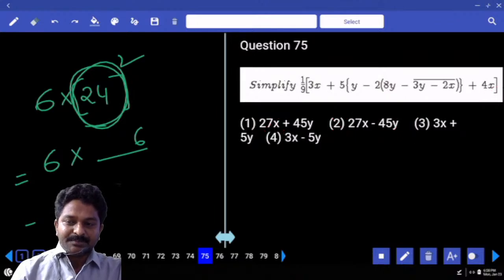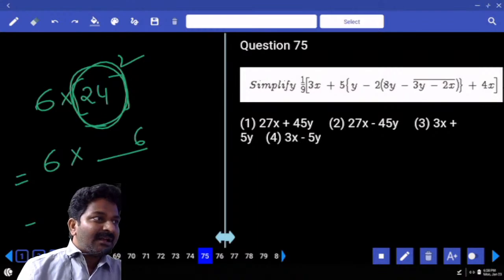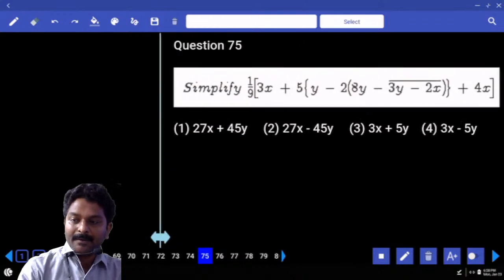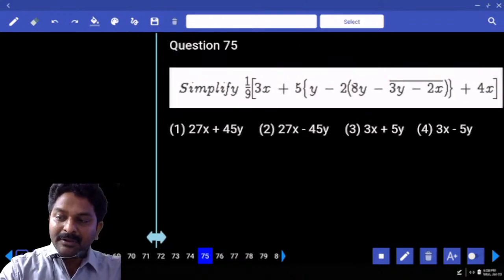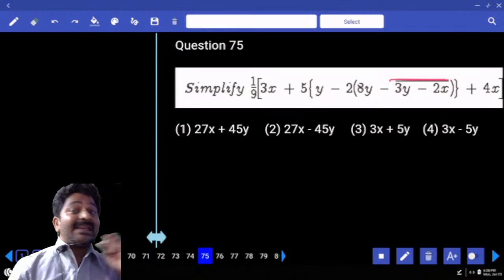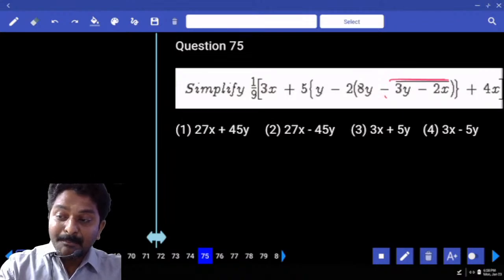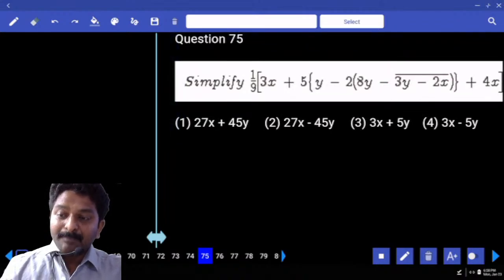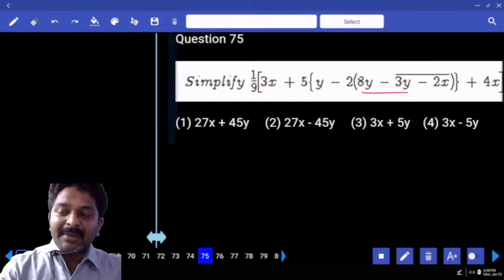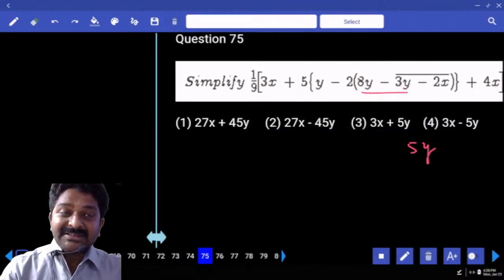Simplify. Do you want me to explain this? Already I have told you. First you need to complete the bracket part. That negative symbol is applicable for the entire bracket. That means minus of minus plus 2x. 8y minus 3y, 5y. Minus of minus 2x you said? Plus 2x.